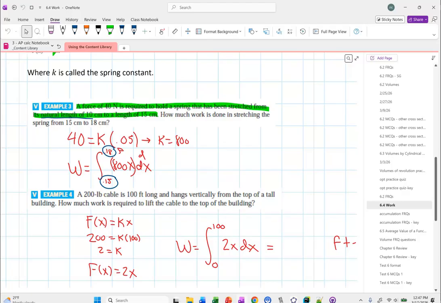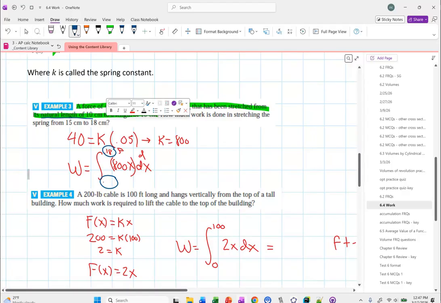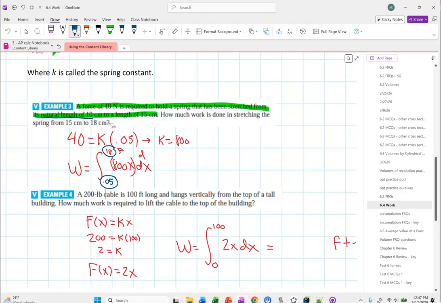So stretching from 15 to 18 is really only stretching from 5 centimeters past its natural length to 8 centimeters. Right? The bound should be the distance stretched past its natural length, because if we're not stretching past its natural length, no work is being done there.